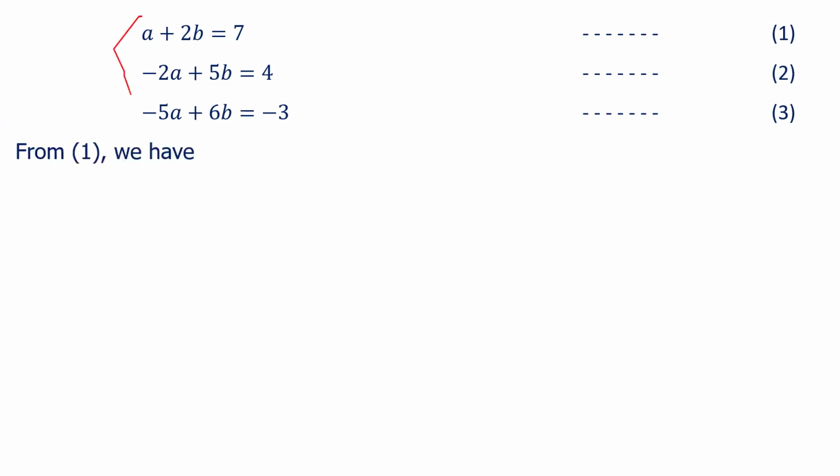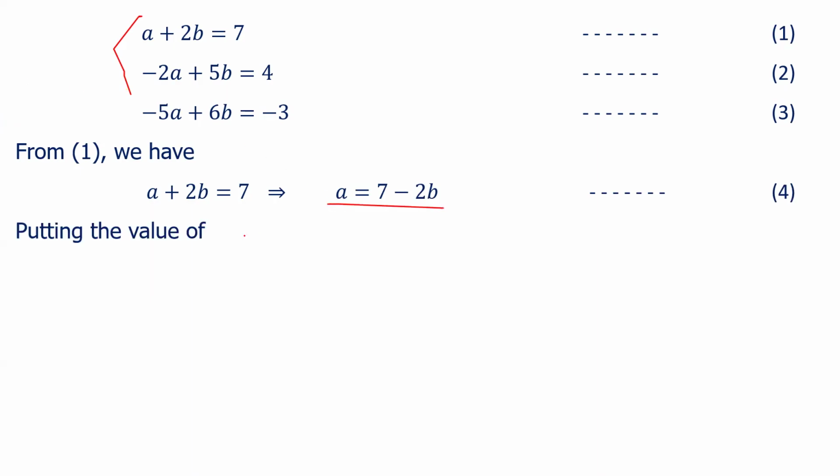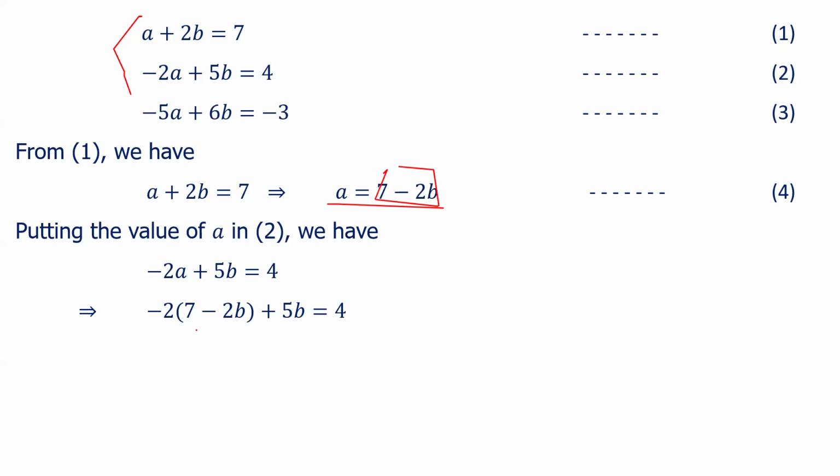From equation 1, we have a + 2b = 7, which gives us a = 7 - 2b. Let us substitute the value of a in equation 2. We have -2a + 5b = 4, but a = 7 - 2b, so -2(7 - 2b) + 5b = 4, which gives us -14 + 4b + 5b = 4.